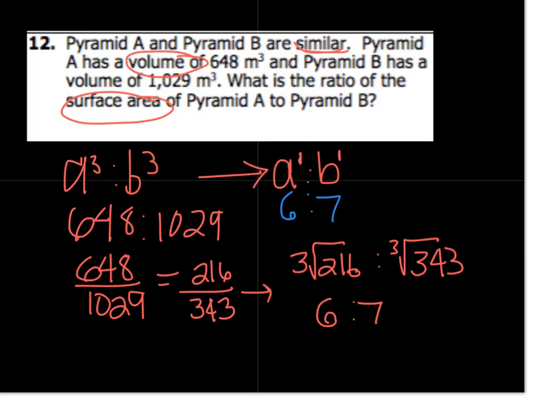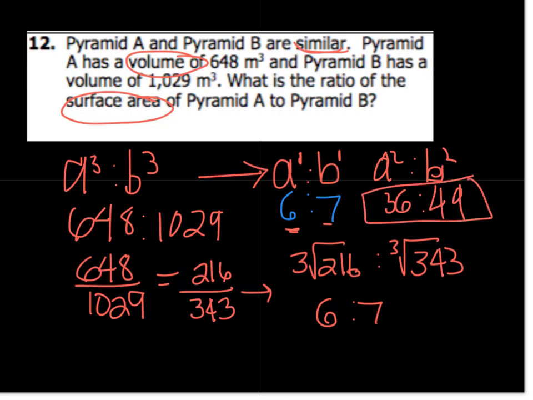The question is asking for the ratio of the surface area. So that's going to be a squared to b squared. So what I'm going to do is I'm going to square 6, and I get 36. And I'm going to square 7, and I get 49. So what's the ratio of the surface area of pyramid A to pyramid B? It is none other than 36 to 49.